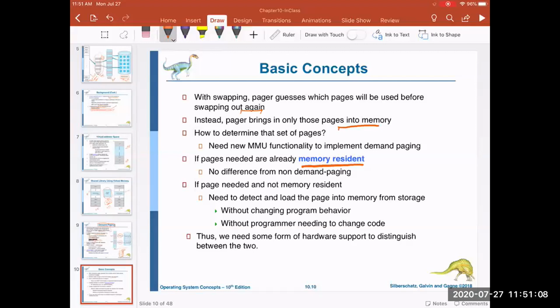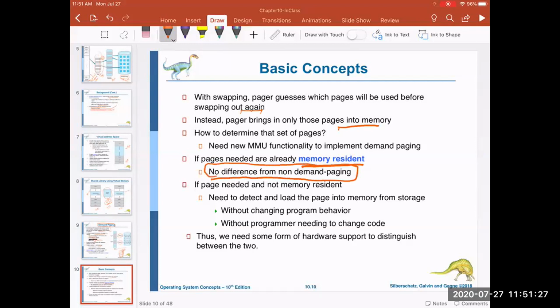Let us suppose the whole of your program is in the RAM, then all the pages are called resident. The process is resident, and in that case, there is no difference from non-demand paging.